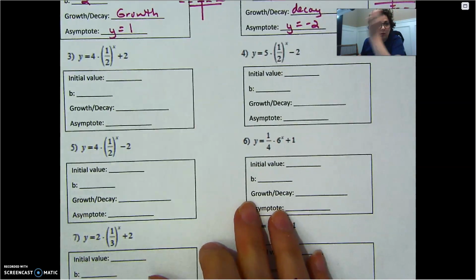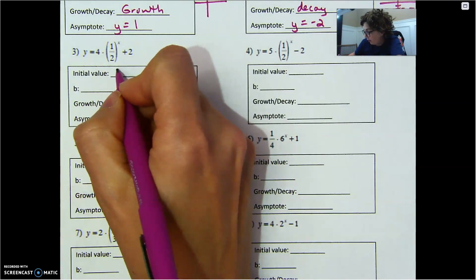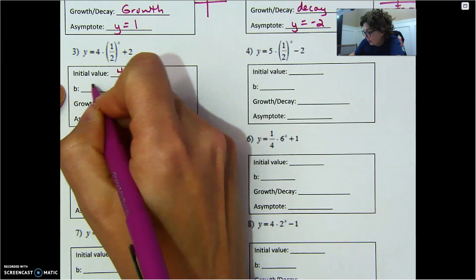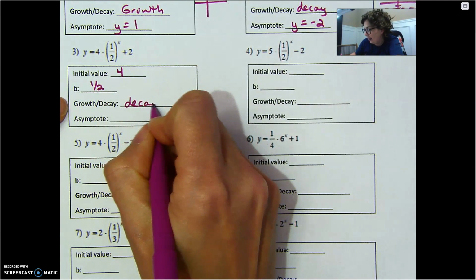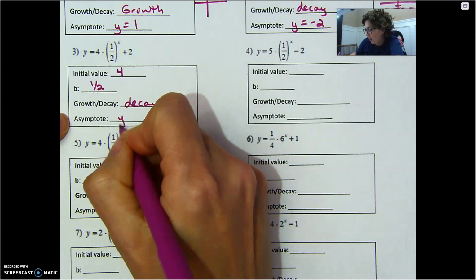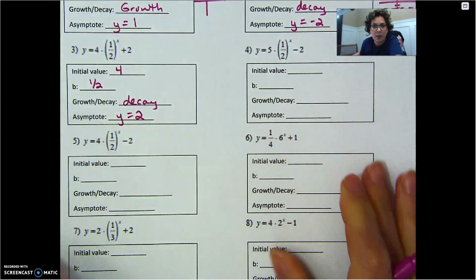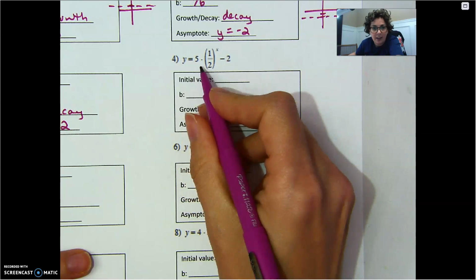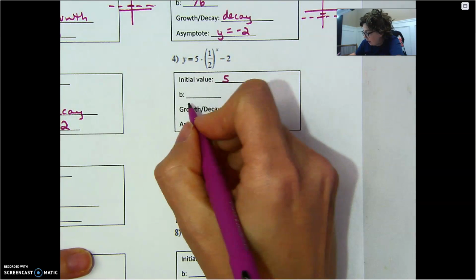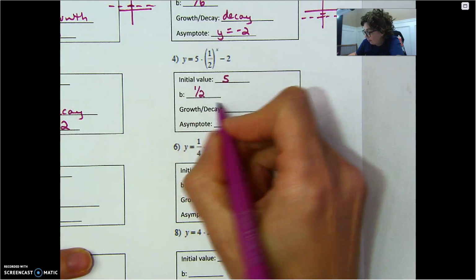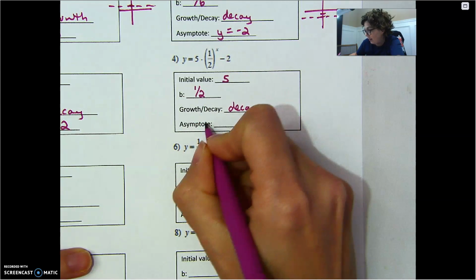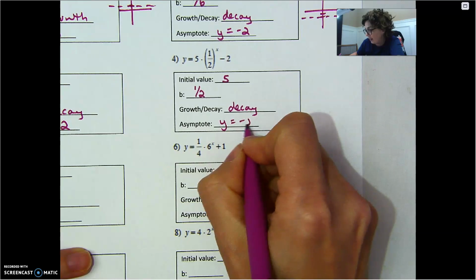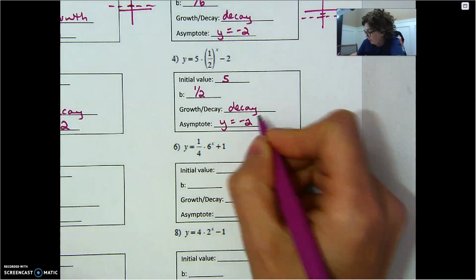Then number 3, the initial value is 4. The base is 1/2, which is less than 1, so we are decay. The asymptote is y equals 2. Check out number 4. The initial value is 5. The base is 1/2. Since it's less than 1, that means it's decay. The asymptote is at -2.